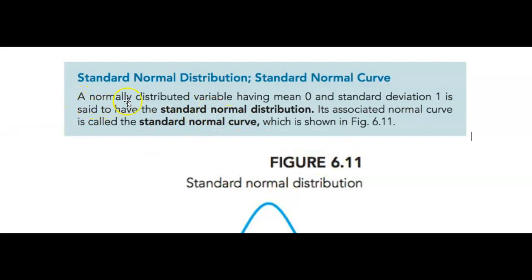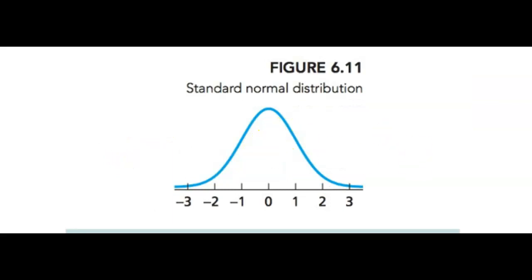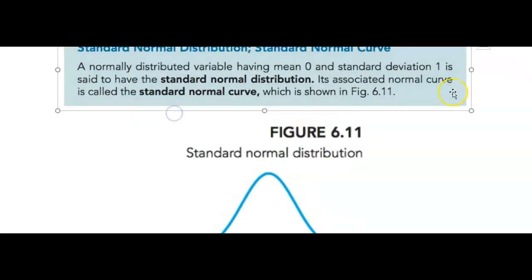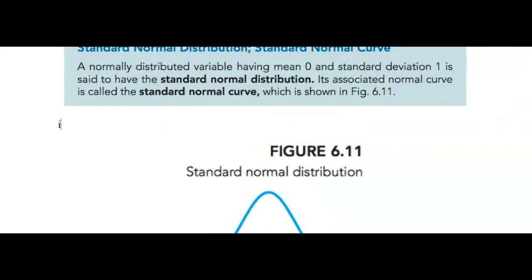So what does it mean for data to be normally distributed? In a normally distributed variable, the mean, median, and mode are equal. This is just some characteristics. There are more, but this is an important one, right?